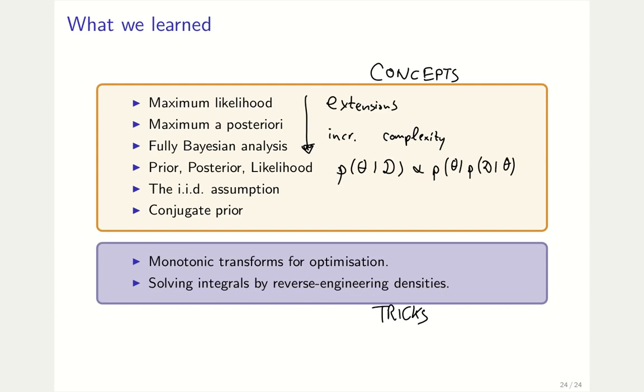And if that is the case, what we can do is we can do monotonic transforms, like taking the logarithm to turn products into a sum, which are much easier to differentiate. And the second trick was solving integrals by reverse engineering densities. So when you have an integral that looks complicated but also looks like the integral over a PDF up to a constant, you can easily reverse engineer the result of this PDF. And these are two very handy tricks you should keep in mind.